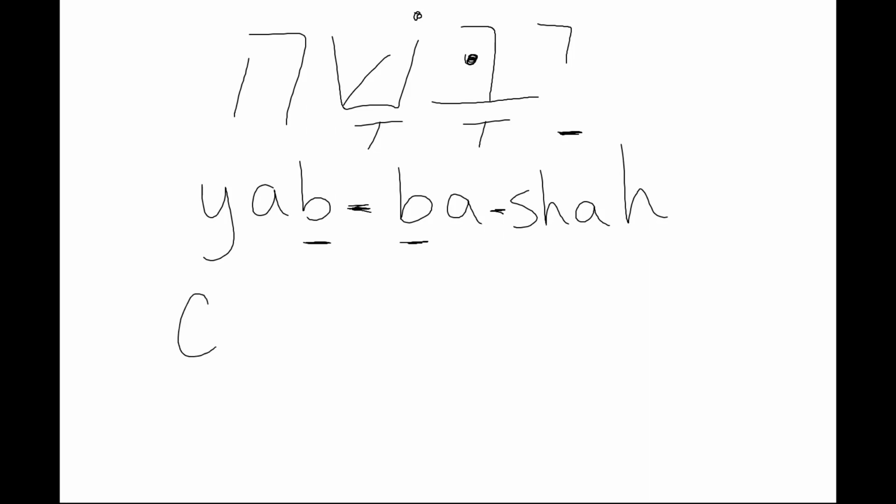The patach is a vowel. Then the bet is a consonant. Then the next bet starts off the syllable, and that's a consonant. Under the bet, we have your qamets, which is a vowel. Then your shin is a consonant, and under the shin you have your qamets, which is a vowel. And then you have your hey, which is a consonant.